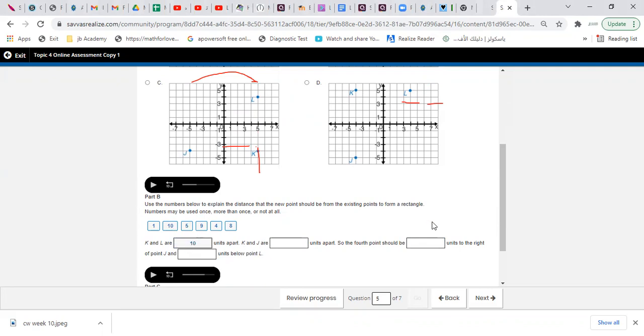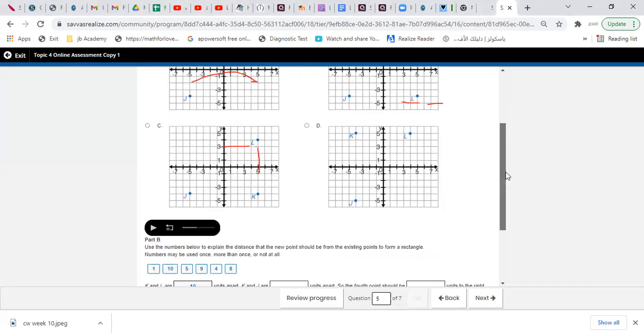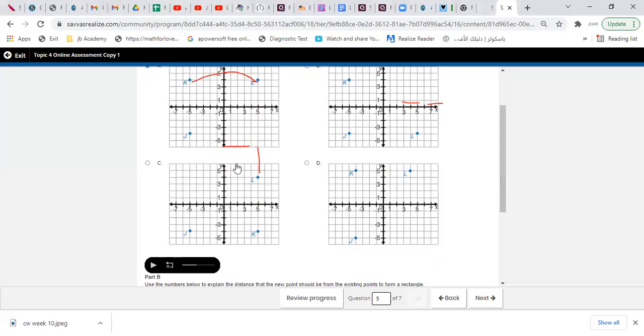K and J, we have 4 and -4, so 8 units. So the fourth point should be how many units to the right of point J and how many units below L. Now we want it to the right of point J, here, to form a rectangle.